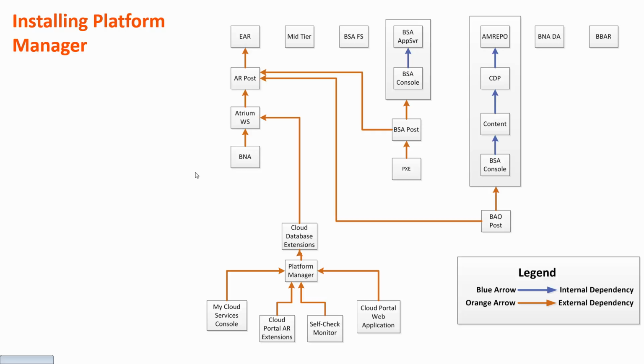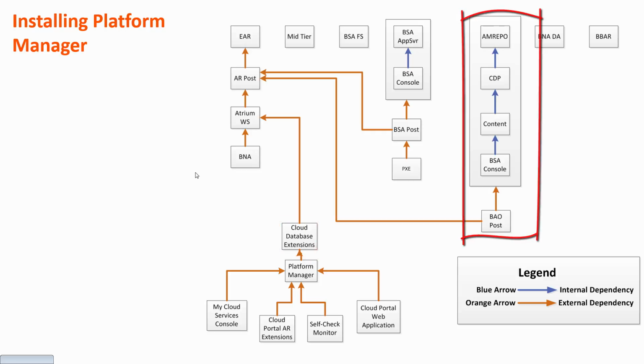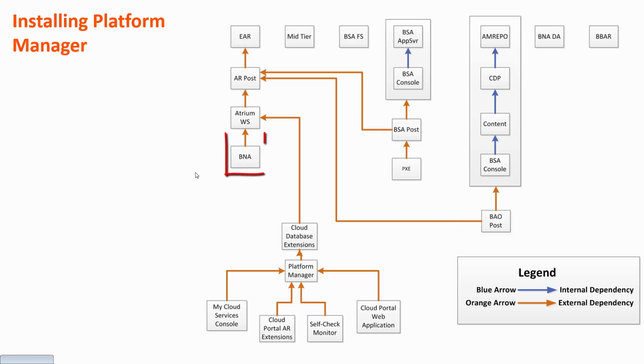In order, we've installed the following products: the AR System Server, the mid-tier, Atrium Core Web Services, BladeLogic Server Automation, Cloud Database Extensions, Atrium Orchestrator, and BMC Network Automation. There are only 4 more installations until we finish.